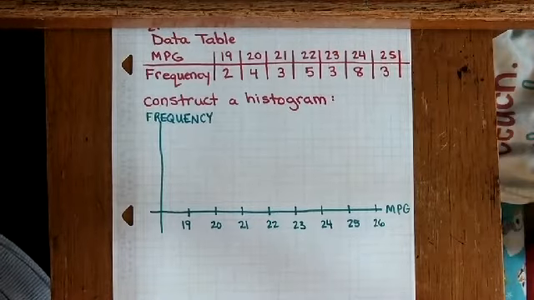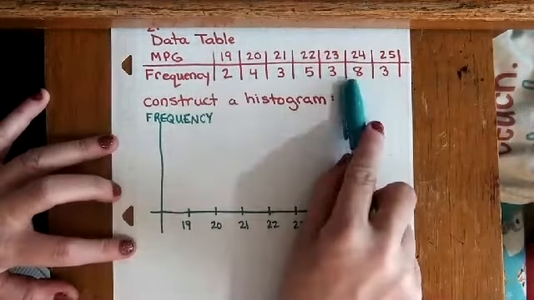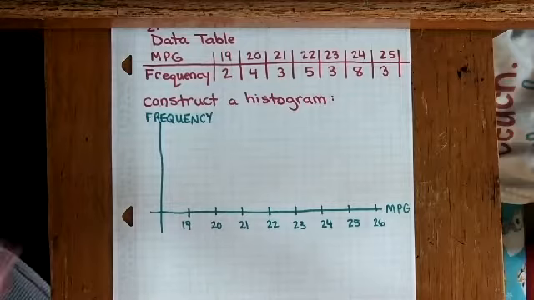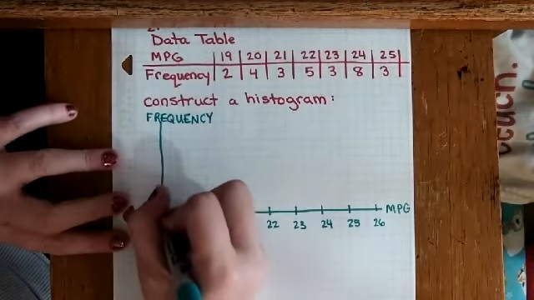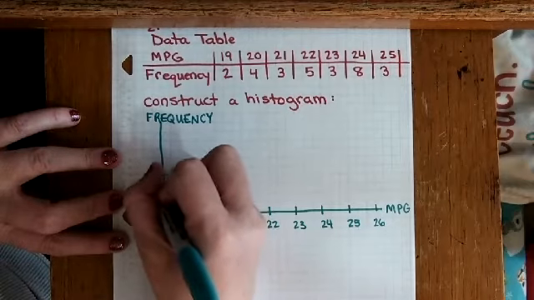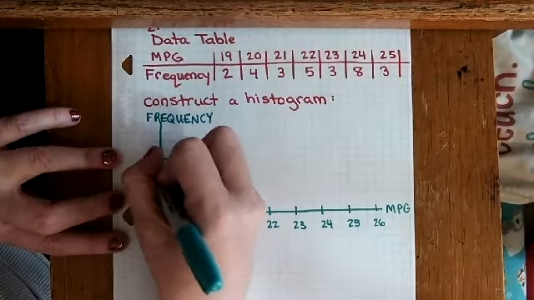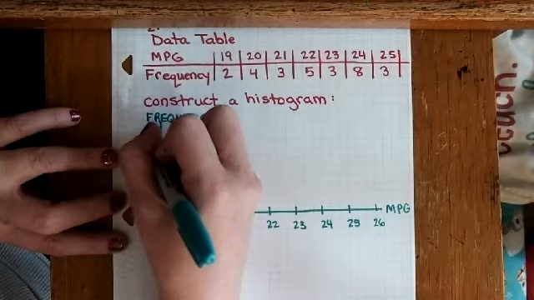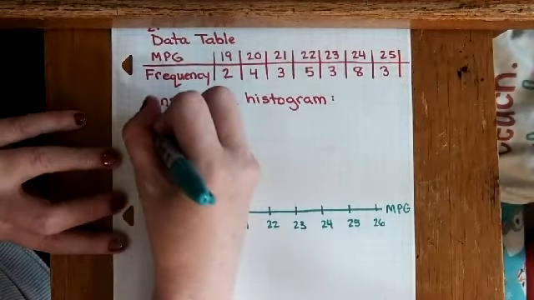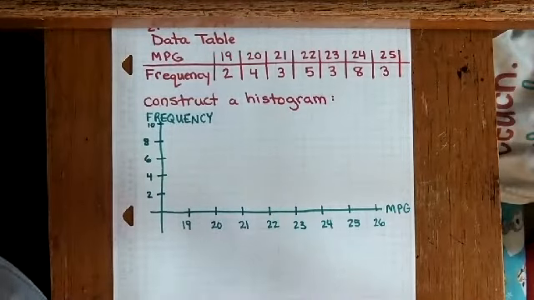We have the highest frequency being an 8, so we don't want to necessarily go above 8, right? So here we have 2, 4, 6, 8. The 10 up there because it fits.